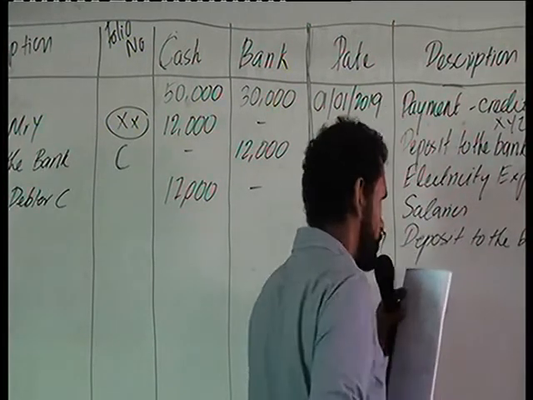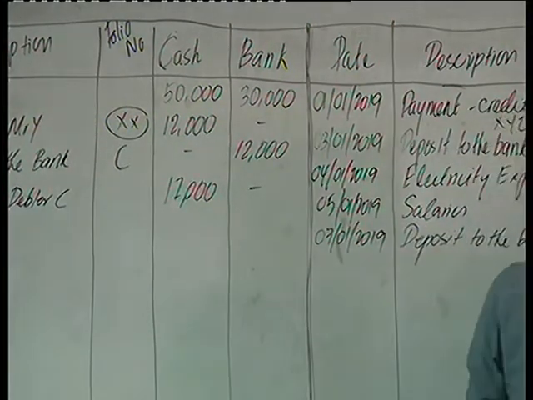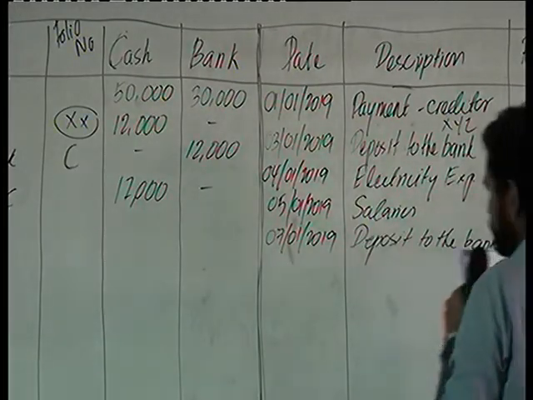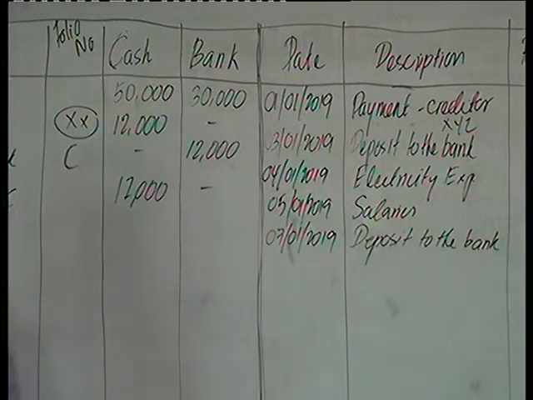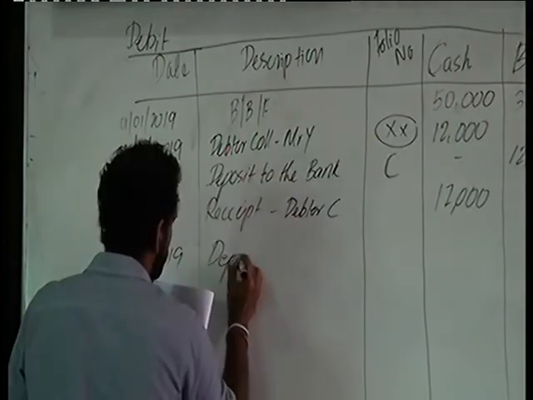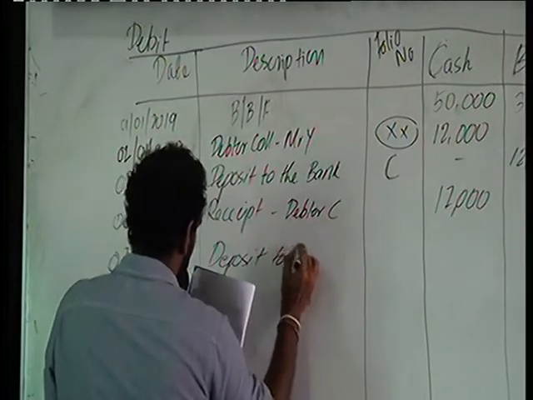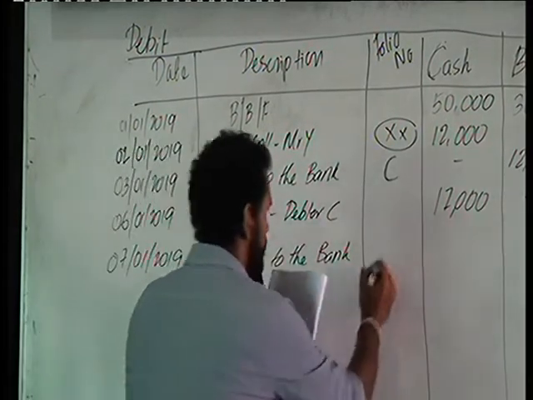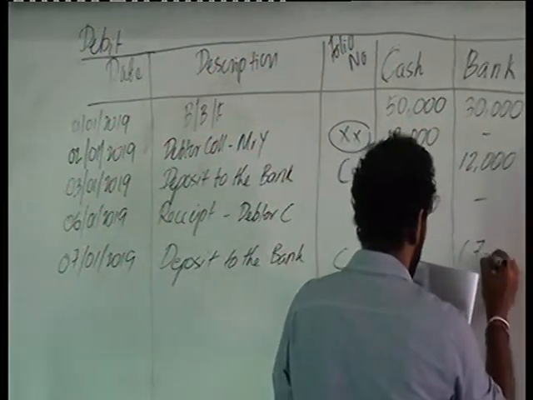Again, it will be a contra entry. From cash, we are reducing 17,000, and it's going to be deposited to the bank on 7th January 2019. Deposit to the bank. Contra entry 17,000.